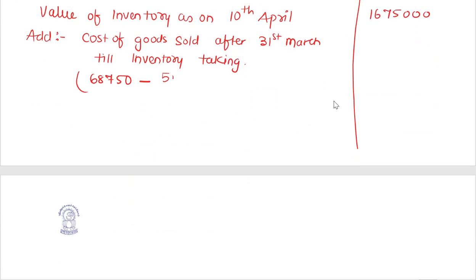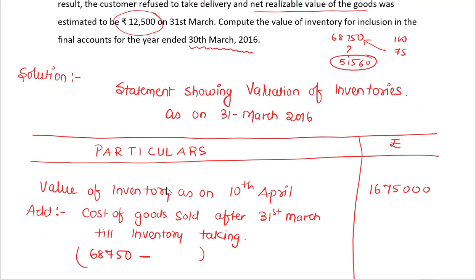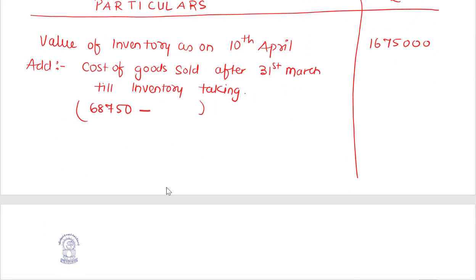So 51,560. This amount would be deducted. Let me correct this amount. The final amount over here will be 51,560. 68,750 minus 51,560.